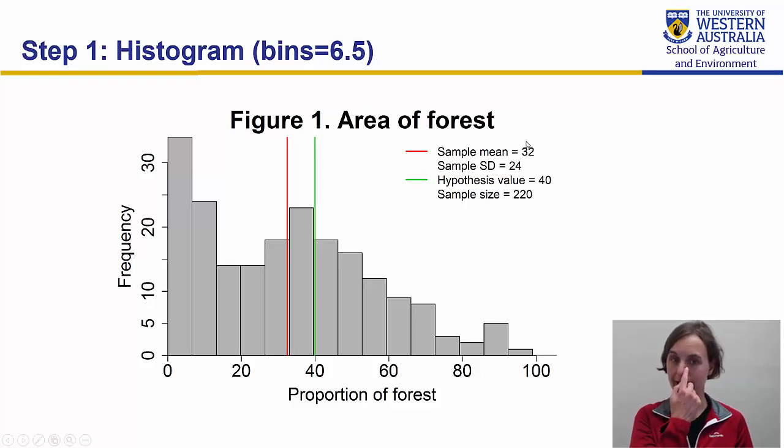I calculate the sample mean, which is 32, and the deviation, which is 24. But I hypothesized that the value was 40. And what I now need to do is test whether this 40 and this 32 are significantly different from each other.